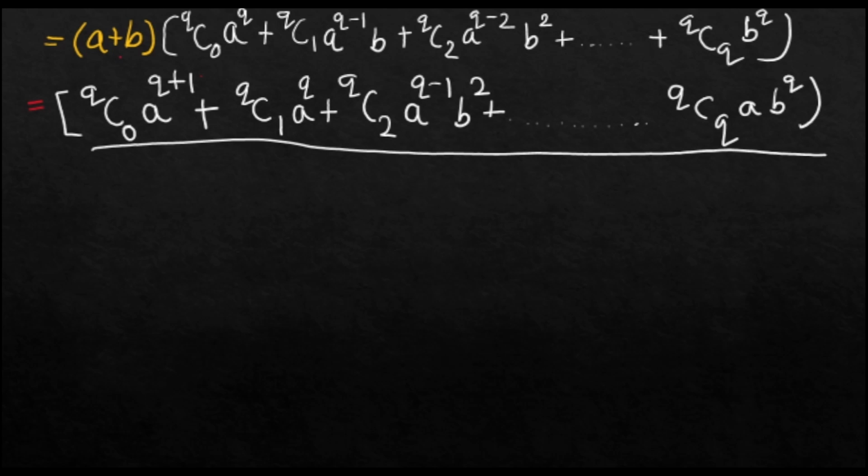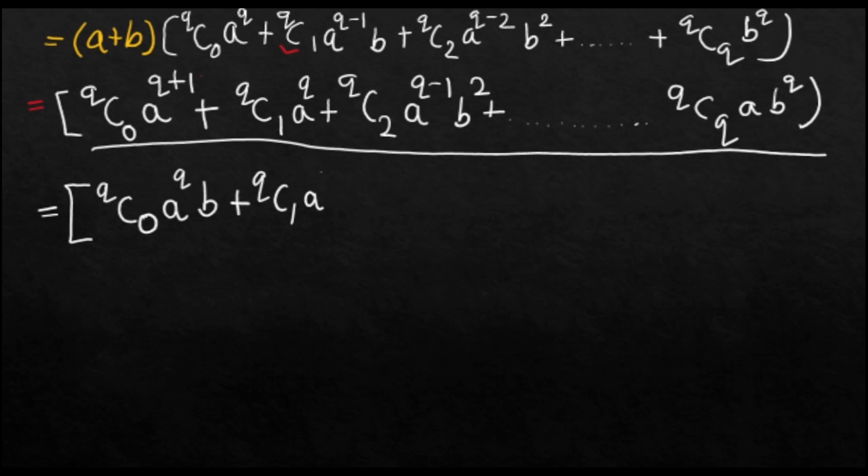Now multiplying B with the expansion, again the coefficient will be the same. This is AQ. If B is multiplied with this term, what do we have? AQB plus, the coefficient will be the same, QC1, and A will be Q minus 1.